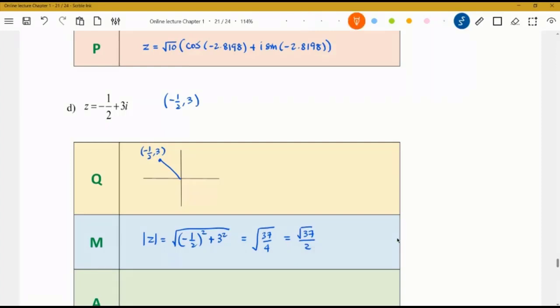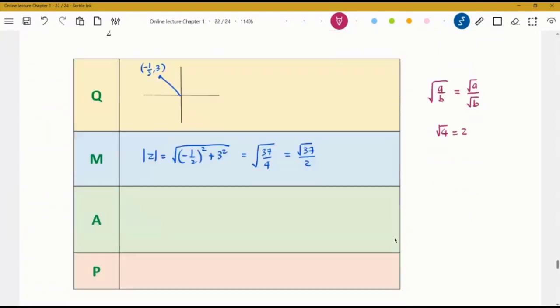Once again I give the concept of surd: square root of A over B, we can split it into top and bottom, square root of A over square root of B. That's why I split it into square root of 37 and square root 4. We know square root 4 is 2, so we put 2 on the denominator. That's your modulus.